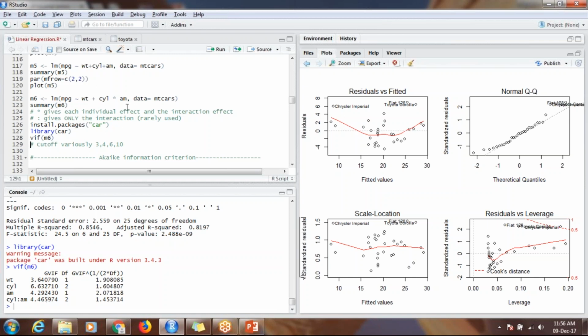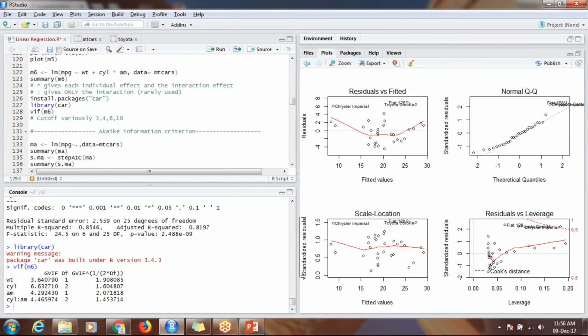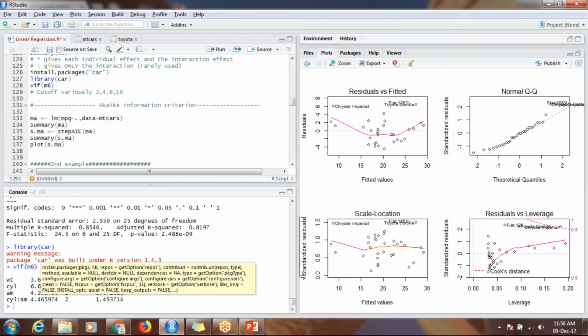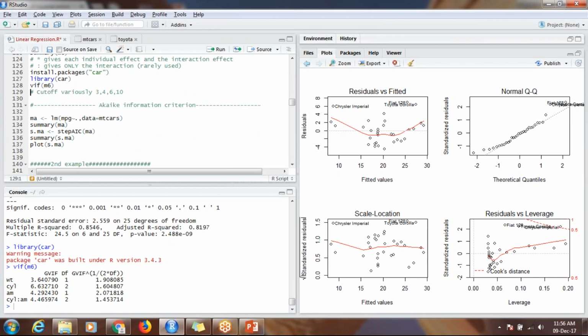Here I've taken a product of both of them, so that is why it is getting like this. But if I consider my VIF threshold to be 10, then most of them seem okay. So this is one method to look at the multicollinearity. Another could be the Akaike information criterion to remove the unwanted variables.